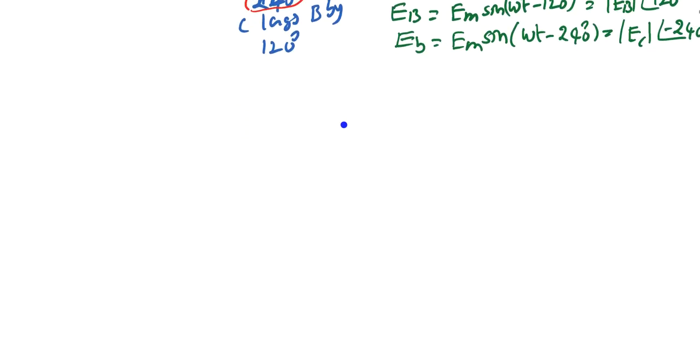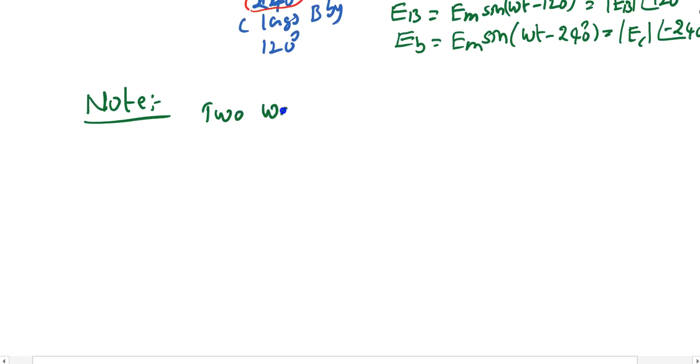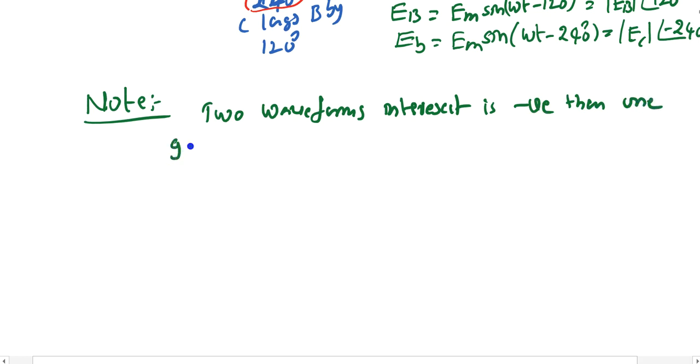Let me summarize the points you have observed from this diagram. If two waveforms intersect at a negative value, then one of the waveforms is getting to a maximum positive value.